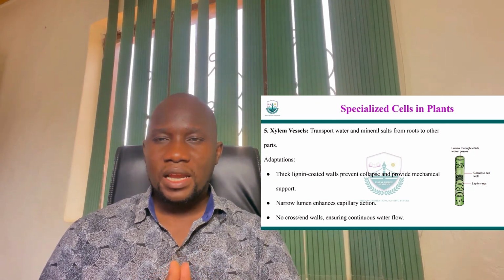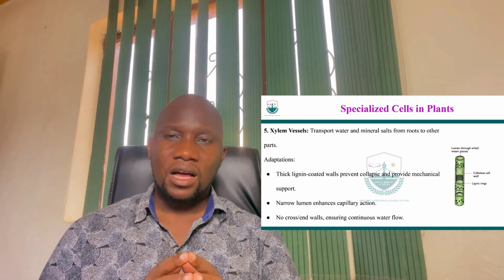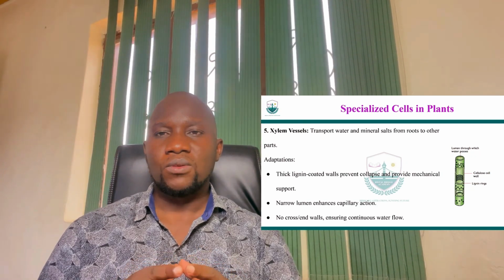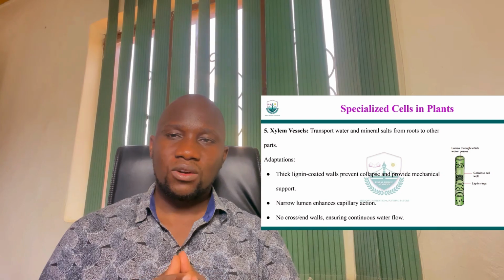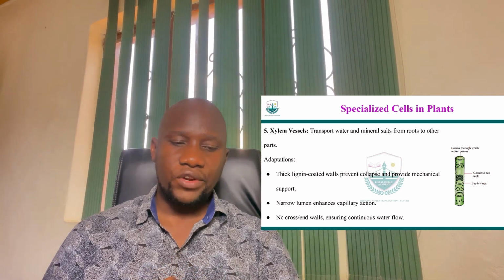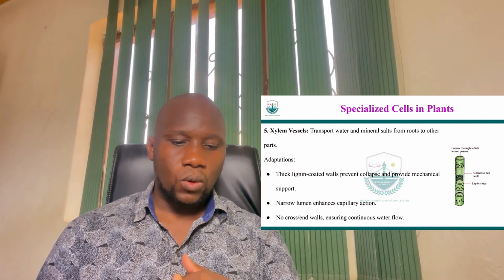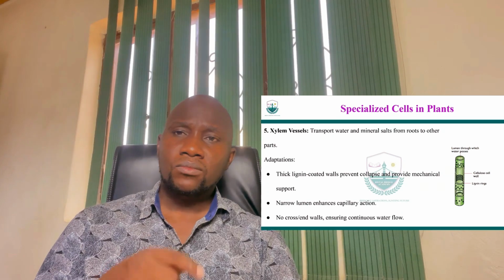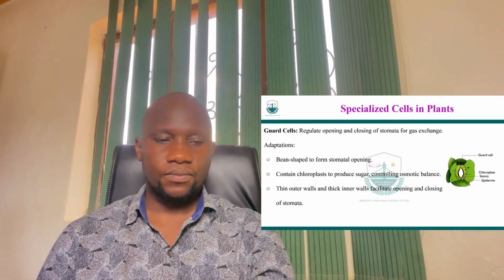And the fact that the lumen is narrow means you have enough capillary action happening. If you have a wide tube, you have little capillary action, but when you have a narrow tube, you have strong capillarity. They also lack what we call cross or end walls, which means that the water moves continuously.